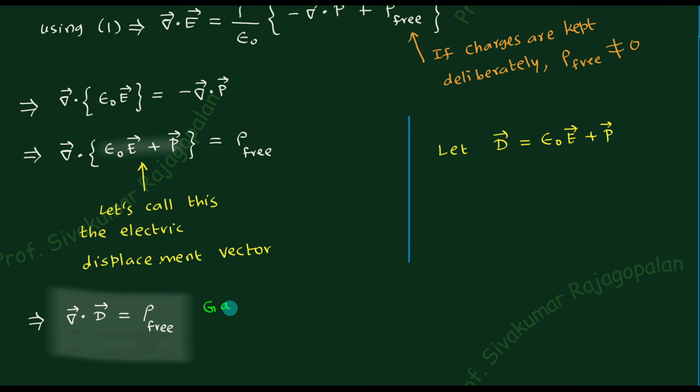So this is known as the Gauss law in presence of dielectrics. The most probable question will be, derive the Gauss law in presence of dielectrics. So you'll have to explain all these things and then summarize this. Let us again come back to the definition that we have, namely the capital D.